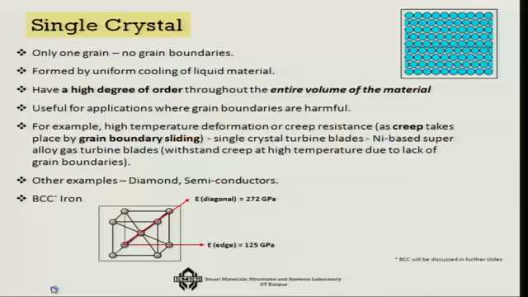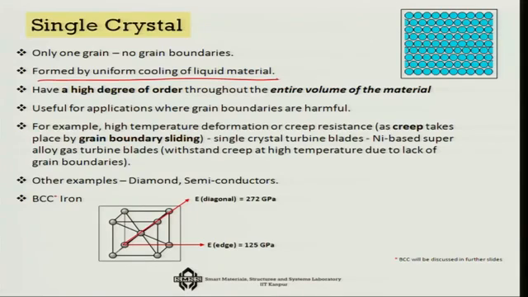So, only one grain, no grain boundaries, and it is generally formed by a very uniform cooling of liquid material. There are various techniques towards this, and it will have a high degree of order throughout the entire volume of the material. Development of a single crystal structure is quite an art on its own, but it has very practical applications.